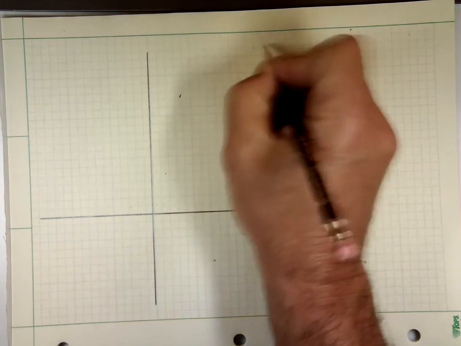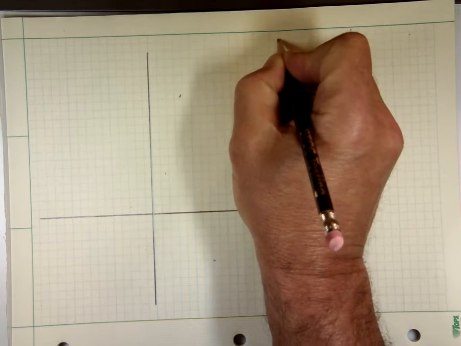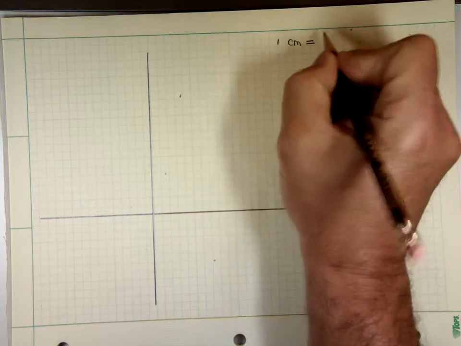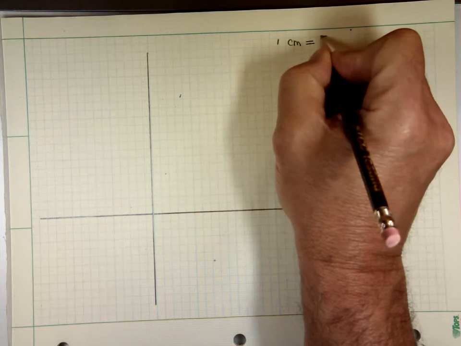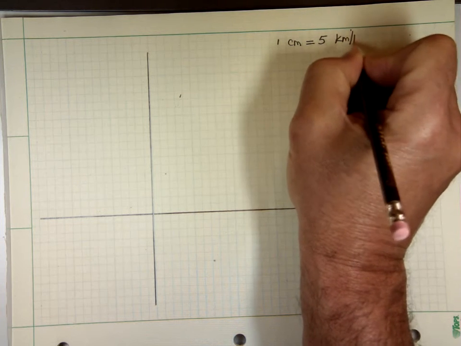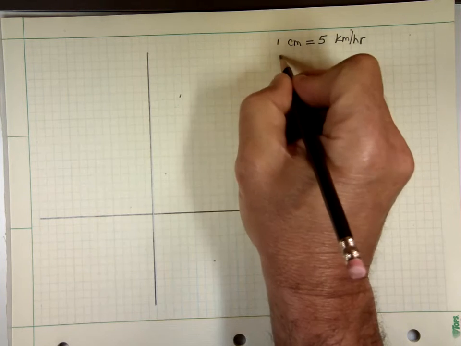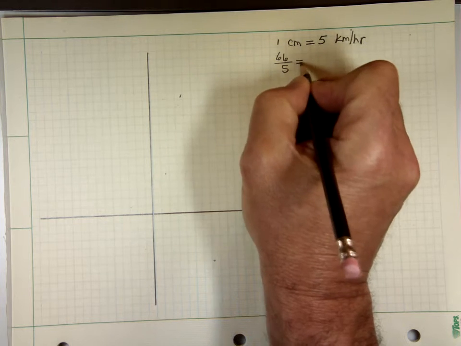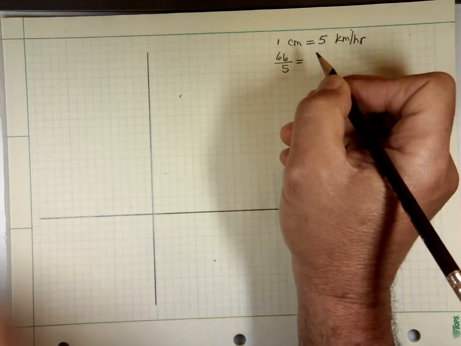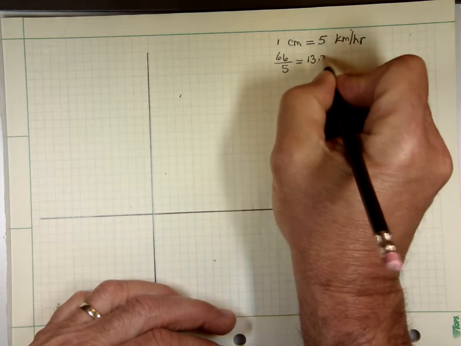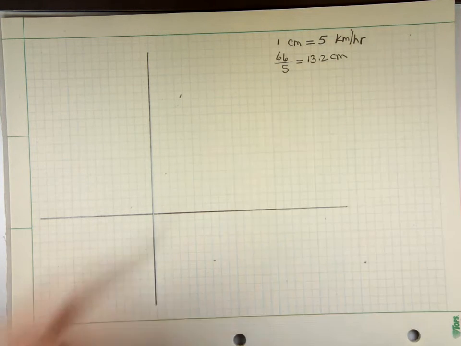Maybe I'll use 1 centimeter is equal to, I don't know, 5 kilometers per hour. So let's see. We have 66 kilometers per hour. What's 66 divided by 5? 13.2. The first one is going to be 13.2 centimeters long.